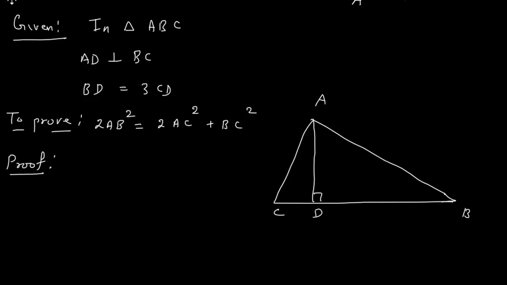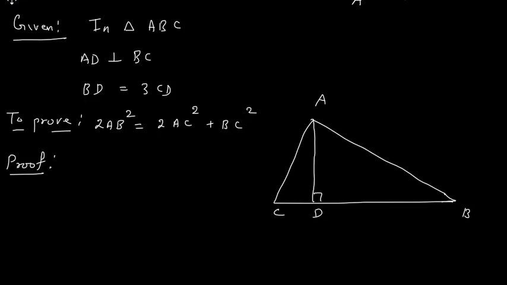So if you see carefully, we have 3 sides only, AB square, AC square and BC square. But if I take right angle triangles, I have CD, I have BD, I have AD. So if I can convert this CD and BD in terms of BC, it will be more beneficial to me.